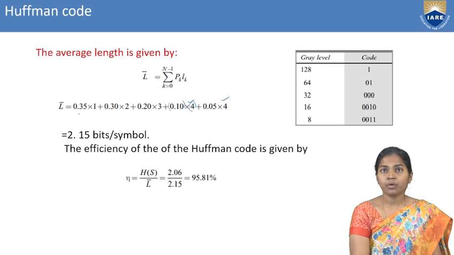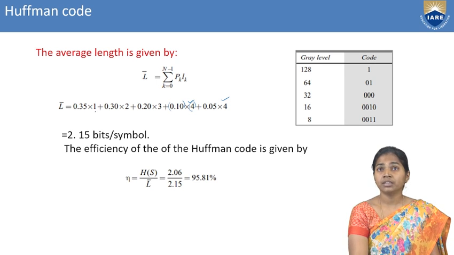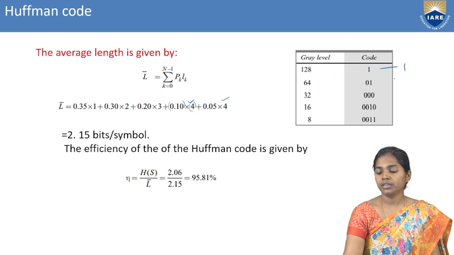For 0.35, the number of bits we are using is only 1. For 0.30 it is 2. For 0.20 it is 3. For 0.10 it is 4, and for 0.05 it is 4. So 1, 2, 3, 4, 4.